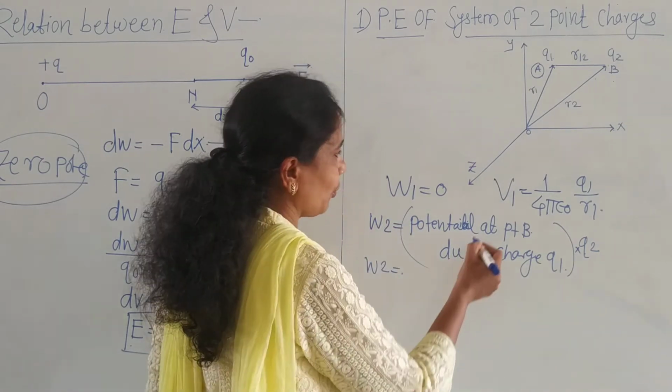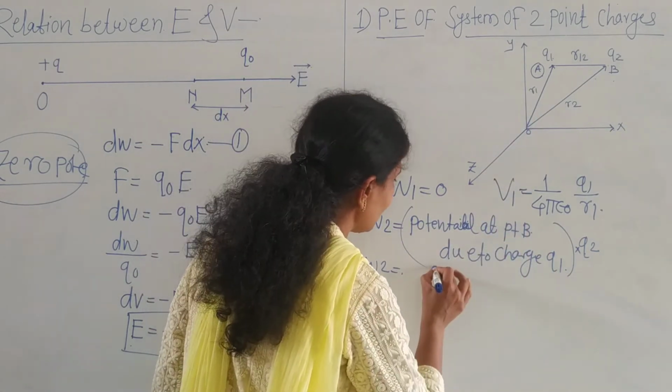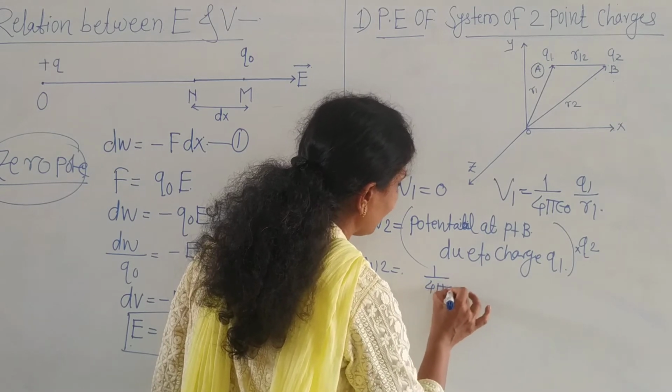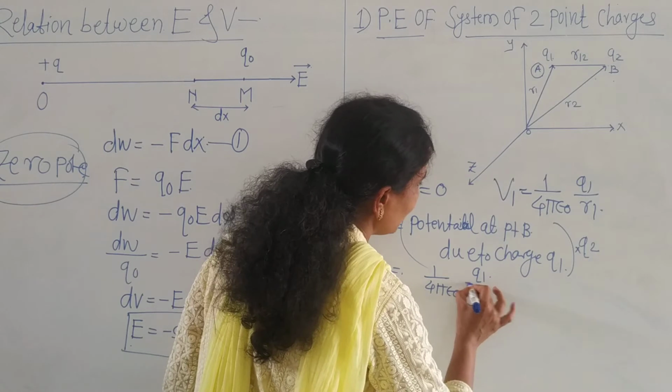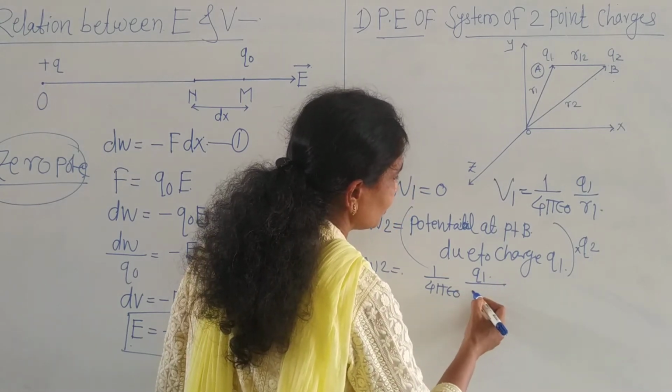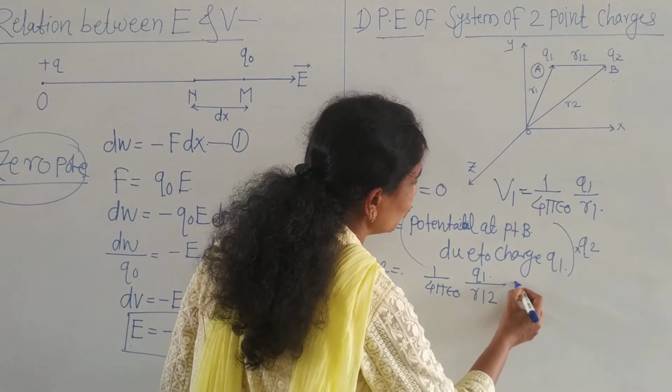The potential at point B due to the charge Q1 is 1 upon 4 pi epsilon 0 into Q1 upon R12.